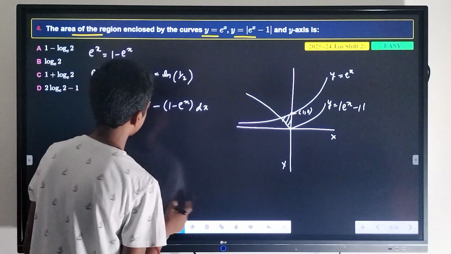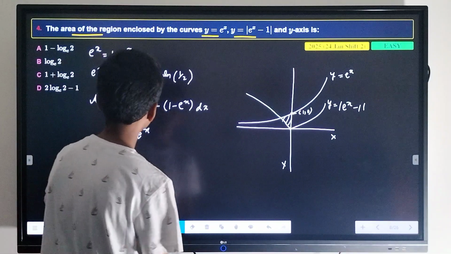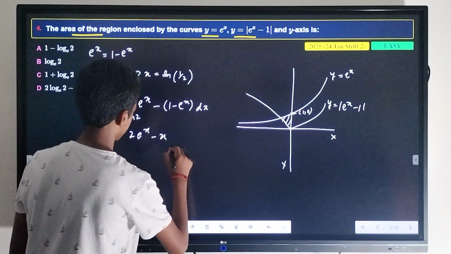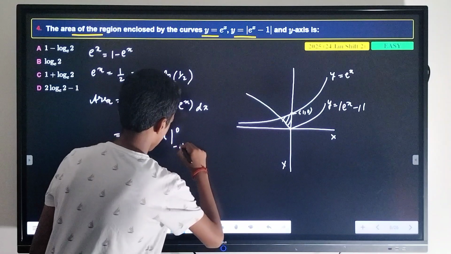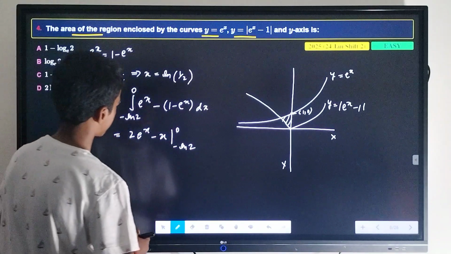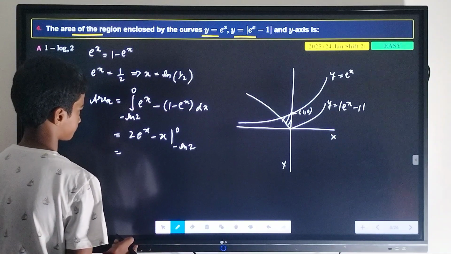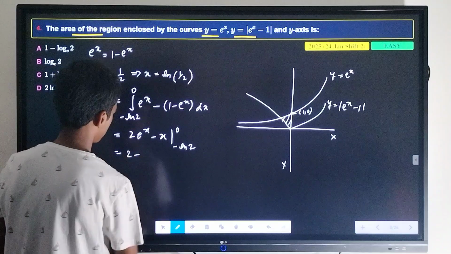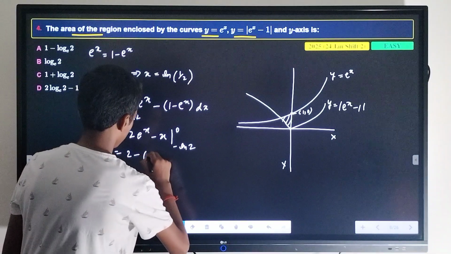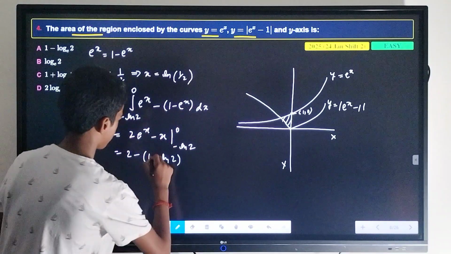So from here this will be 2 times e raised to power x minus x, from minus ln 2 to 0. So we will get 2 minus, 2 minus 1 minus ln 2, which is 1 plus ln 2.